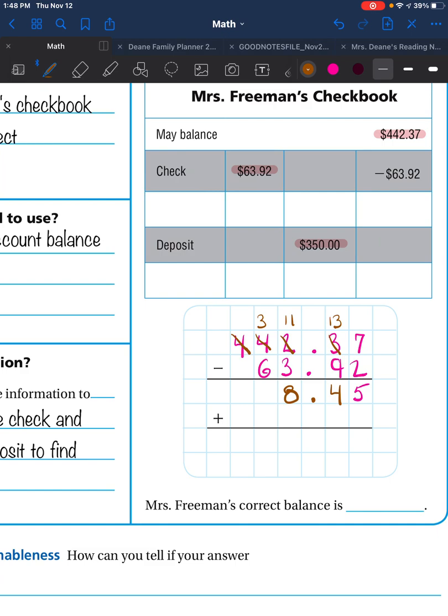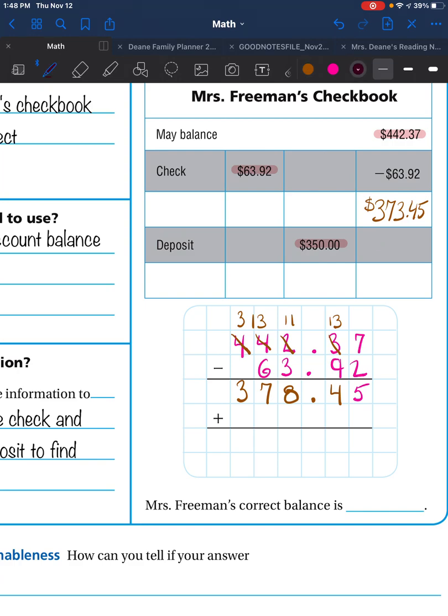Borrow again. 13 minus 6 is 7. And then the 3 comes down. So up here in the table, we would write $378.45. Now it shows that she made a deposit of $350.